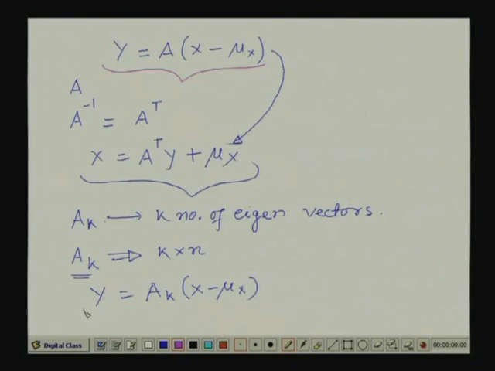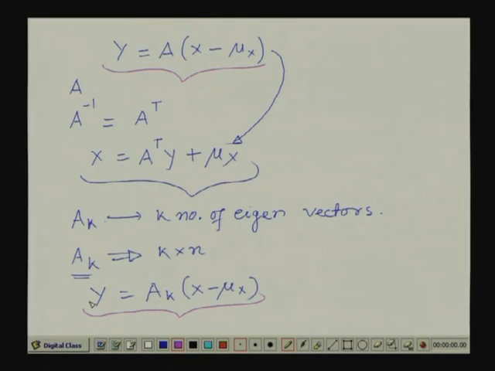But when I have made a reduced transformation matrix A considering only k number of eigenvectors, using the same transformation, the transformed vectors y that I get are no longer of dimension n, but vectors of dimension k.